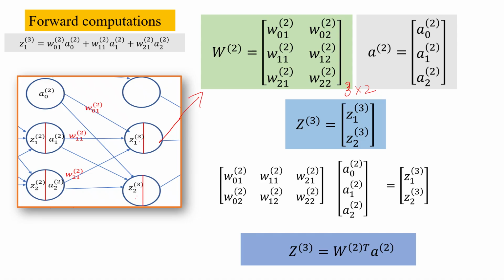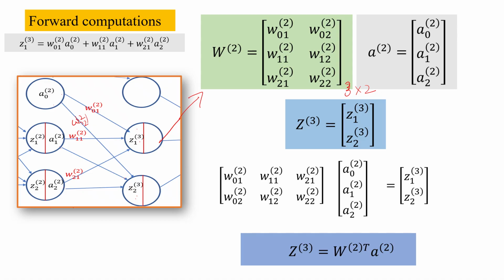So 3 cross 2. So W_012, which is this one, W_022, which is this one, and so on. And A2 is the outputs here, A_02, A_12, A_22. These will become the inputs to the next layer.